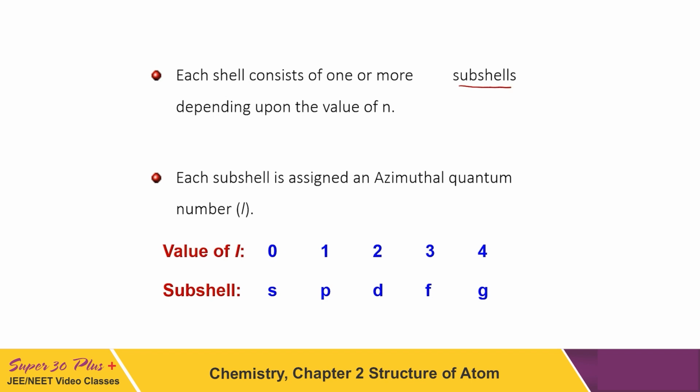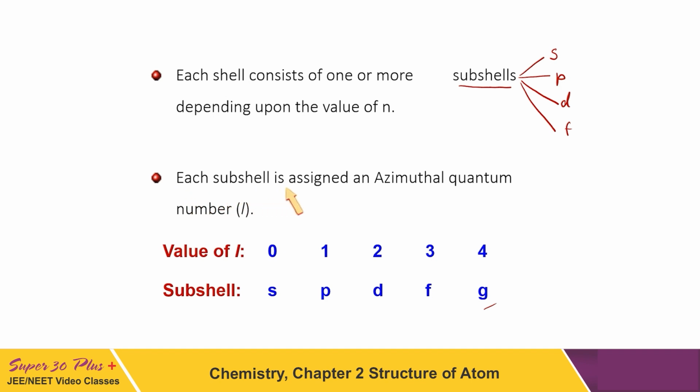There are a total of 4 subshells: s, p, d, and of course the fourth one is f. These 4 subshells are used till date. There is another subshell, the g subshell, but among the elements discovered till date, we never required the g subshell.